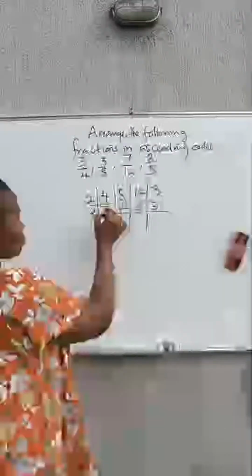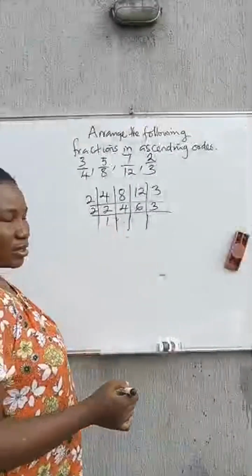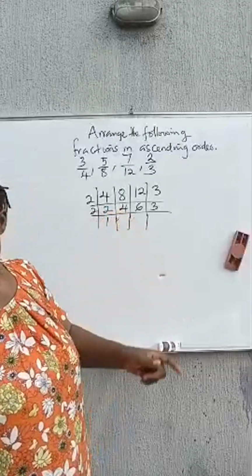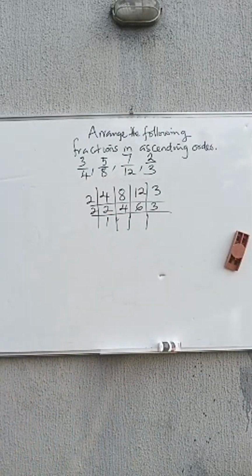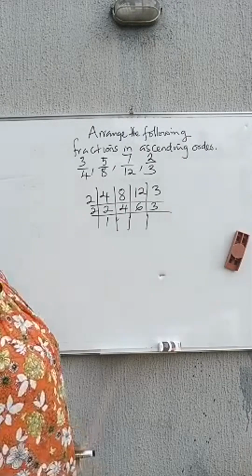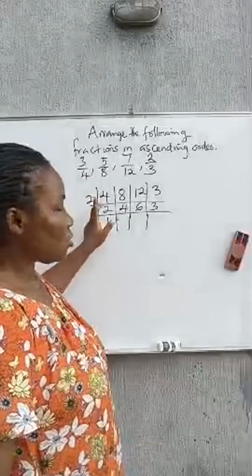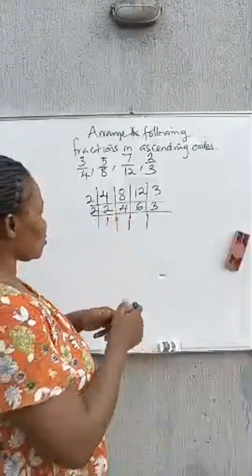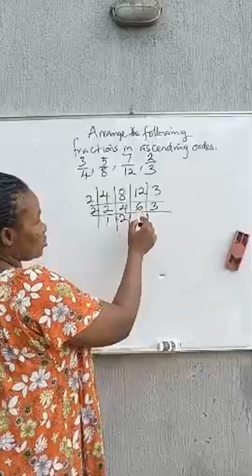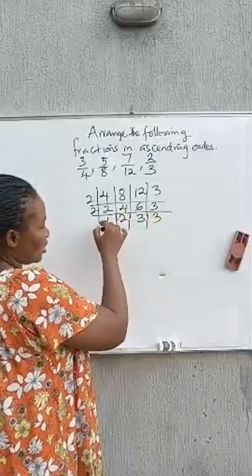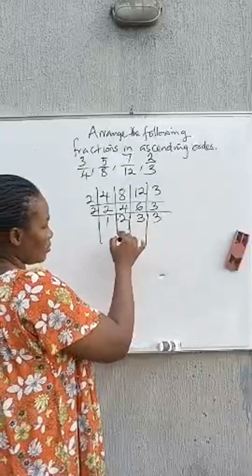Next is 2. 2 into 2 is 1, 2 into 4 is 2, 2 into 6 is 3, 2 into 3 impossible, bring down 3.